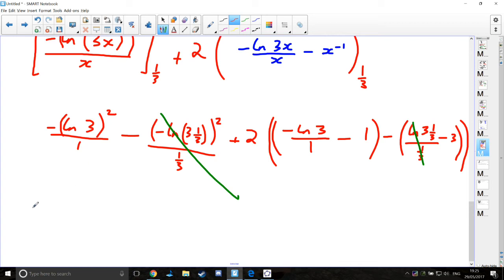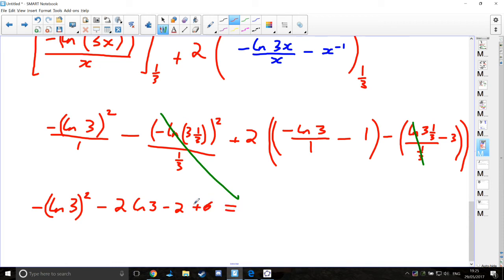Divide by 1 doesn't matter, so we've got negative ln 3 all squared plus 2 lots of negative ln 3, so that's going to be minus 2 lots of ln 3. And that's going to be minus 2, but then we're going to have minus times 2, so that's going to be positive 6.